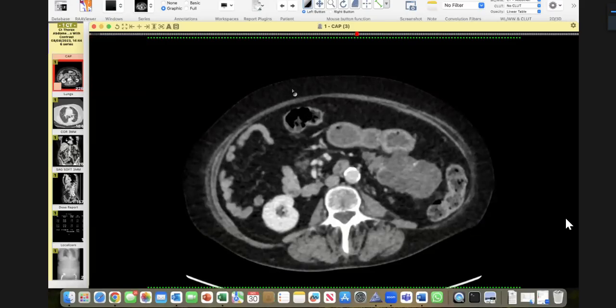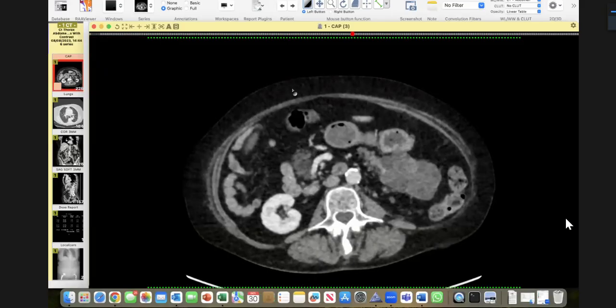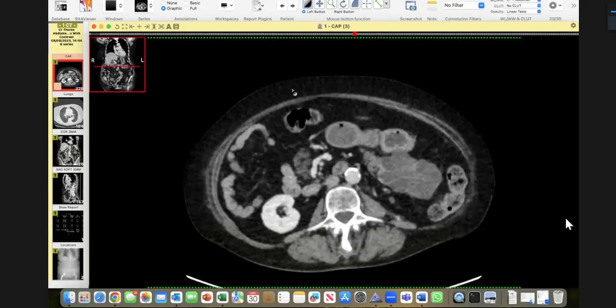So the point is that in all of the other tumors, there is malignant transformation potential, but in serous cyst, there is none.